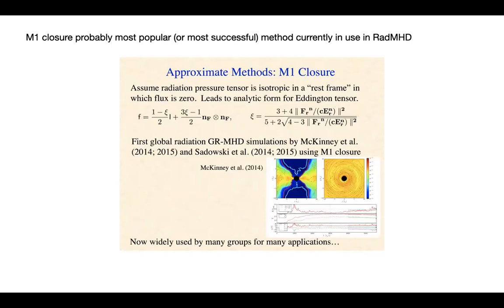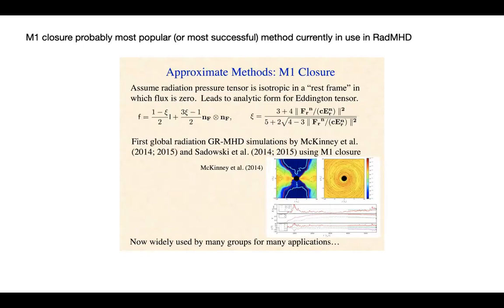Here's a summary of the M1 closure method, which has been very popular, especially in our immediate field of radiation MHD, dynamics, and GR applications. It seems to work relatively well in GR, as opposed to flux-limited diffusion, which has some problems in a relativistic setting.